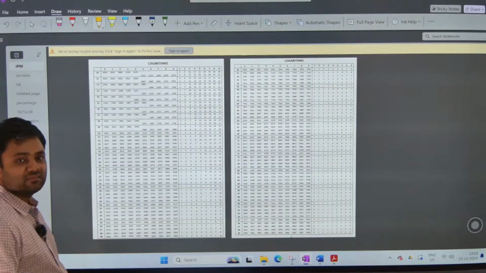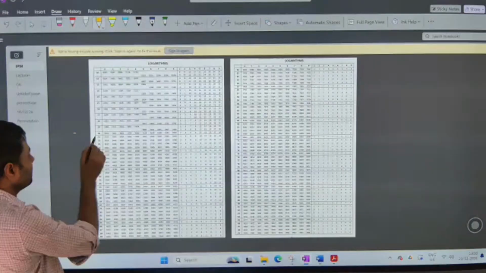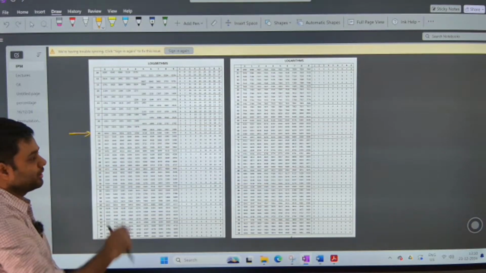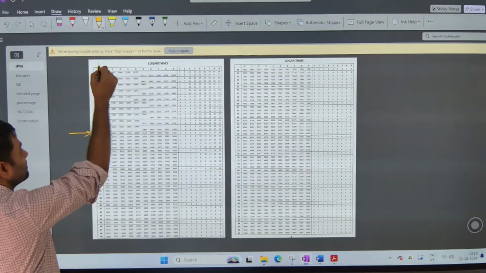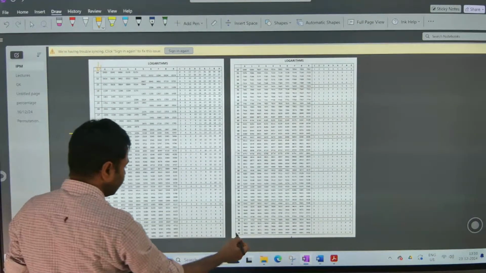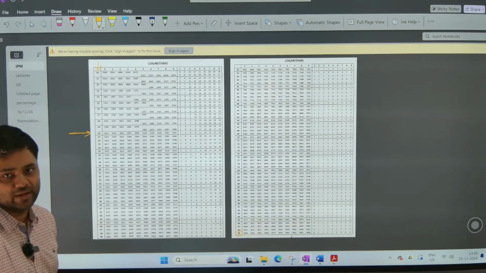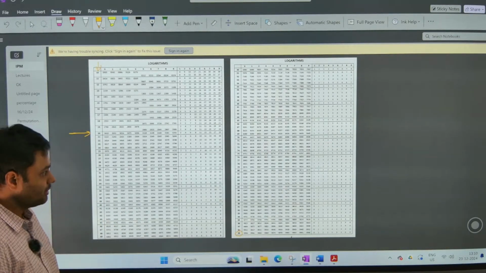We need to find the value of log 2. We don't have any 2 here, we have 20 only, right? We have numbers in this column which start from 10 and they go to 99. With the help of these 90 numbers from 10 to 99, we can write the value of any log, even if it is a single digit number, right?